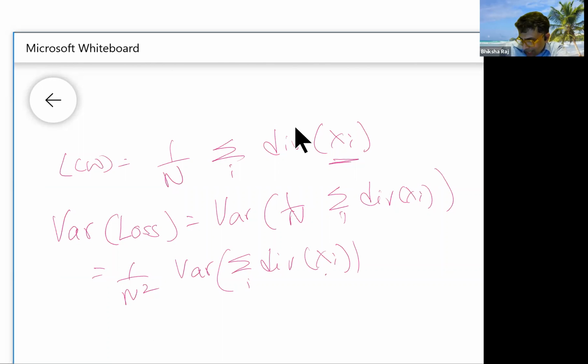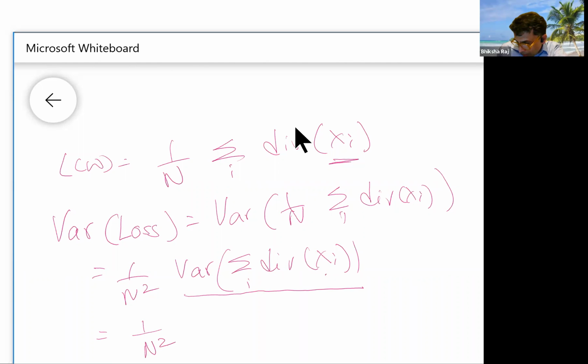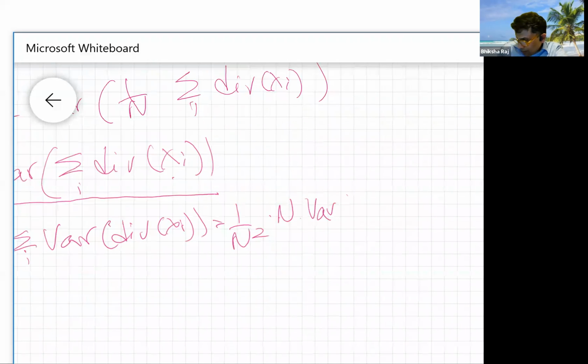Now, if all of the xi's are independent, what do you know about the variance of the sum of independent random variables? It's the sum of the variances, right? So this is going to be 1 over n squared times summation i variance of divergence of xi, which is going to be 1 over n squared times n times the variance of, let me write this.